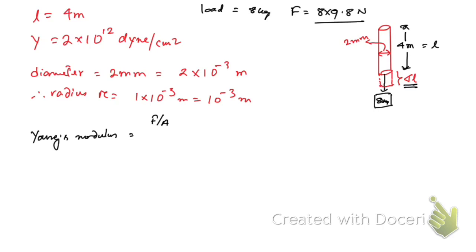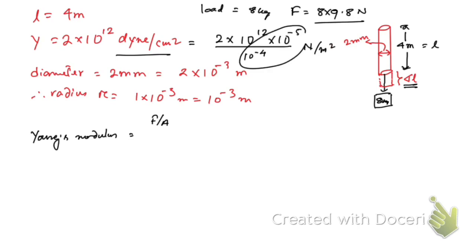Let me convert the modulus into Newton per meter square. So 2 into 10 to the power 12 dyne is 10 to the power minus 5 Newton, divided by centimeter square, which is 10 to the power minus 4 meter square. If you simplify this, you're going to get 2 into 10 to the power 11 Newton per meter square.